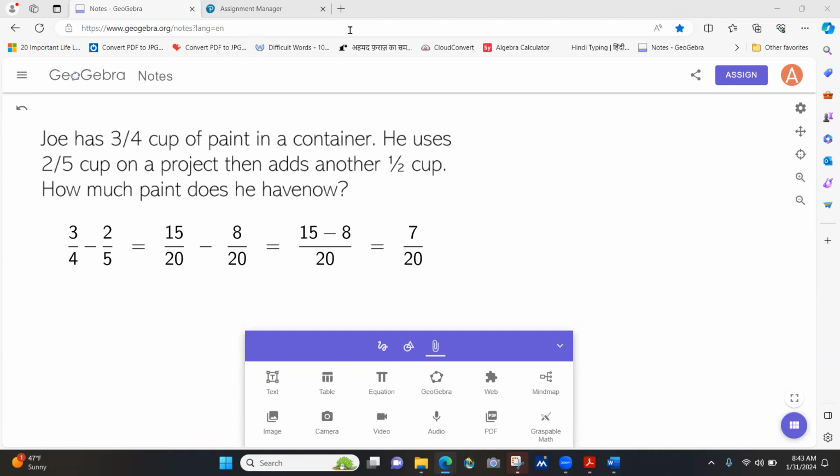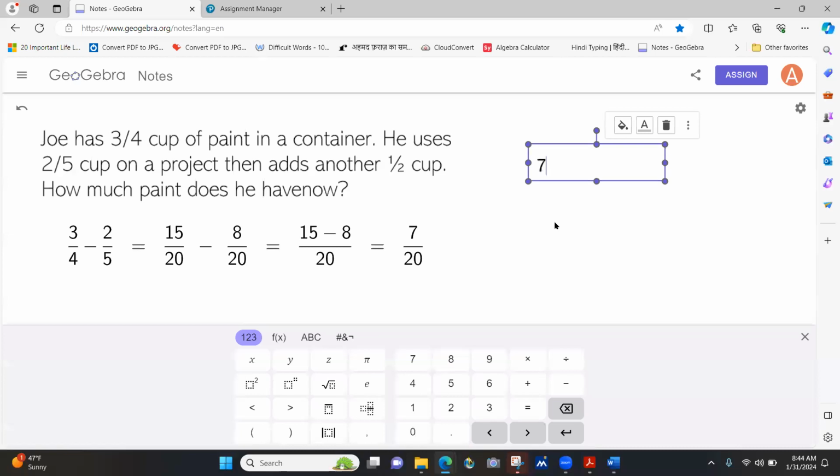He adds half a cup. So I'm going to redo the thing. Well, it's not redoing. I'm going to do it in a step 2. So a very similar concept. I want the denominators to be the same. So I'm going to multiply 7/20, the numerator and the denominator of the first fraction, by 2.